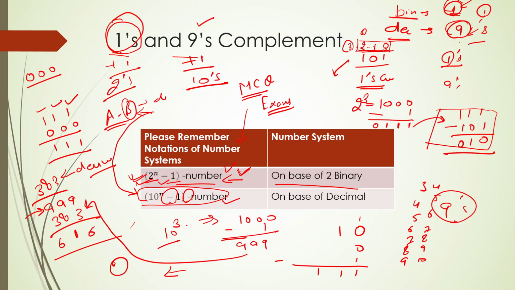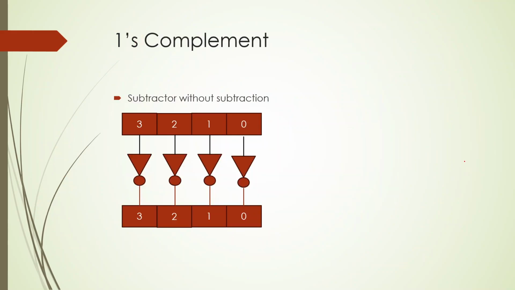But how do we resolve that issue in binary numbers? In binary, we subtract like 111 minus 101, giving 010. We have to notice one thing: for example, I want to calculate the 1's complement of 001. I write 111 minus 001, which is 110. If we relate it, instead of subtraction, if we use a NOT gate, these are just inverted values.